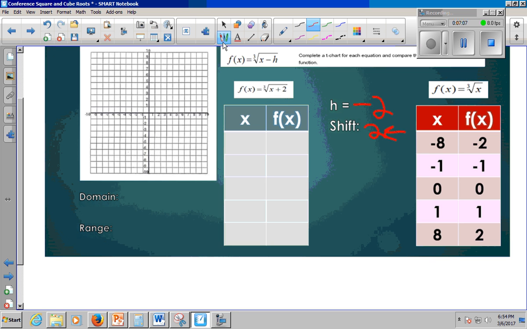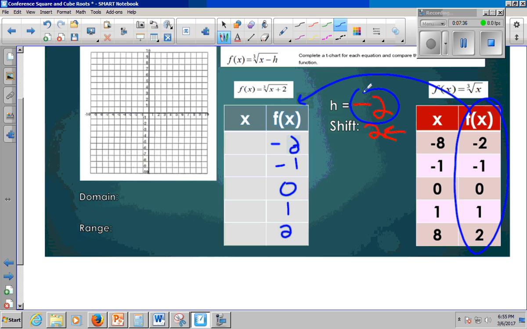So now, since I'm moving to the left, I'm not affecting my parent graph. I'm actually going to take this whole column and copy it over here. I'm not shifting it up or down. All I'm doing is shifting it to the left. So to the left, I'm actually subtracting 2, right?